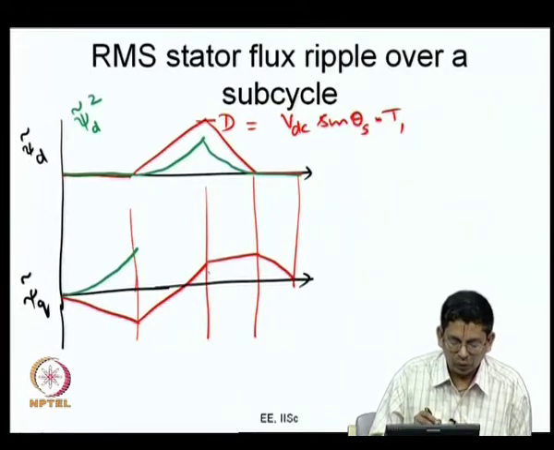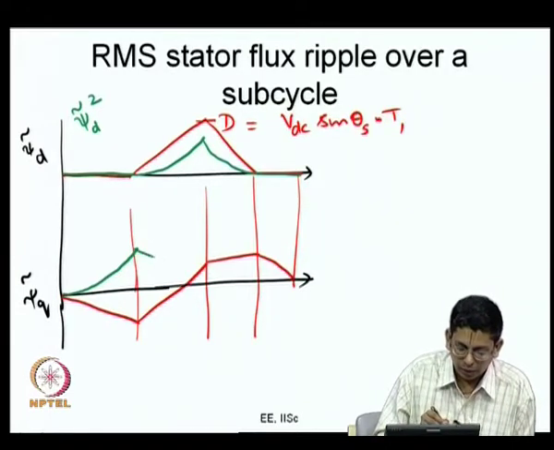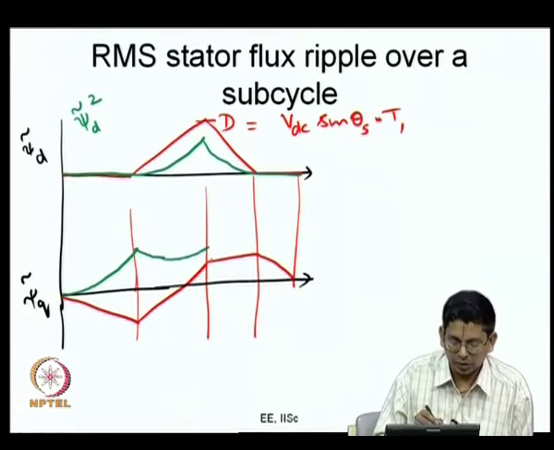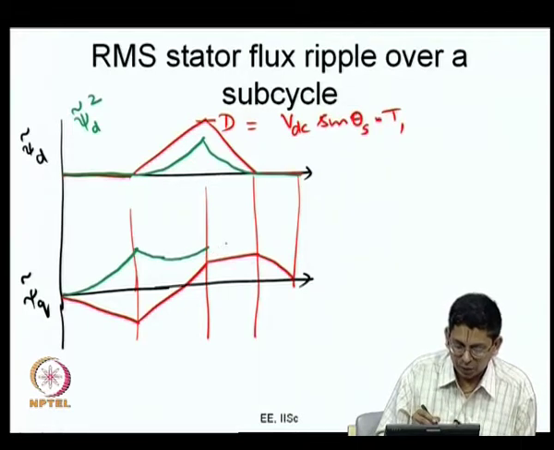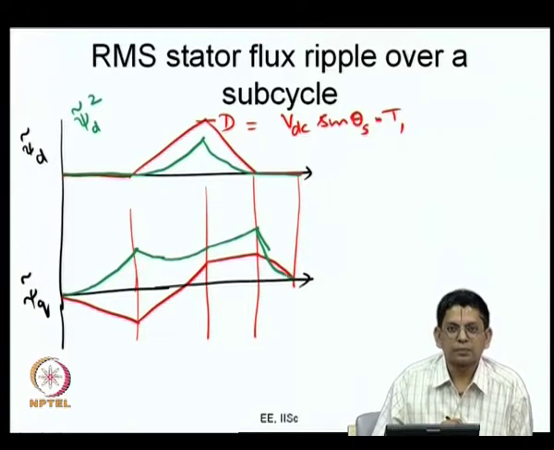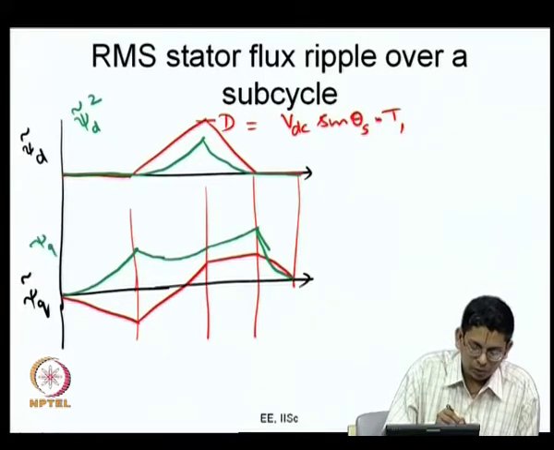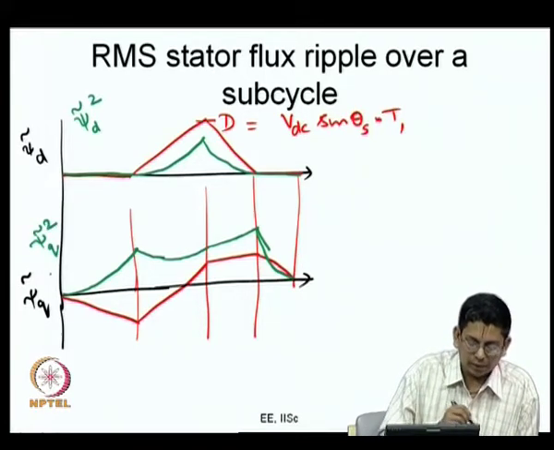The next time I square this, I will also get a parabola, something like this. Then the subsequent one also would be a section of a parabola like this, and here again there will be a parabola which goes down. This is how the nature of variation is for psi q tilde squared.